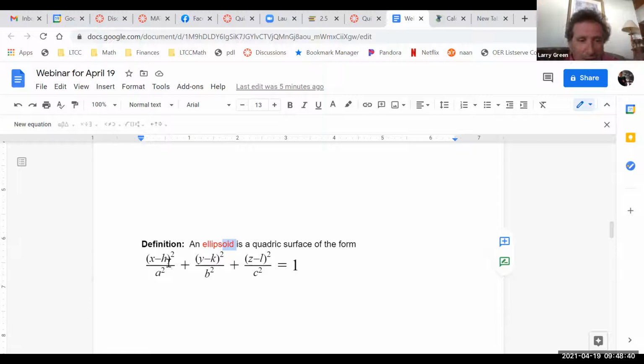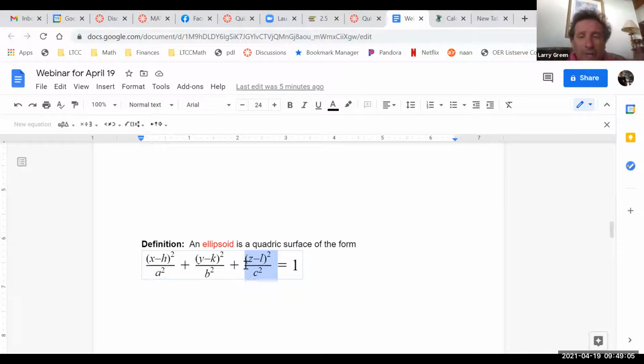So if we get rid of x, if we get rid of this first term, what's left is an ellipse. Do y'all agree? Okay, if you ignore the x-axis. If you don't, it's an elliptic cylinder. If you get rid of the second term, we get an ellipse. And if you get rid of the third term, you get an ellipse. And that makes an ellipsoid.